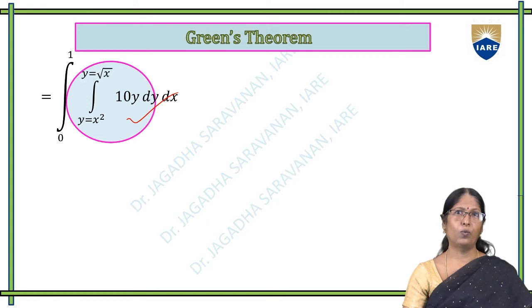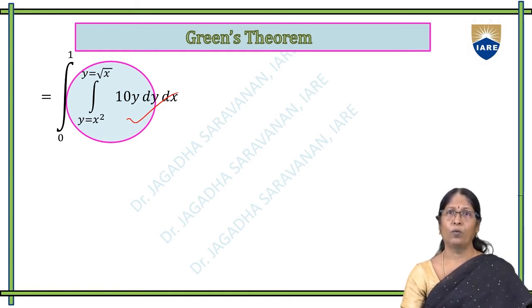Here there are two integrals. We are going to focus on the first one, the interior integration, which is defined for y in terms of the x variable. So we have to integrate with respect to y. Now the curves we have to put inside are y equal to x square and y equal to root x.